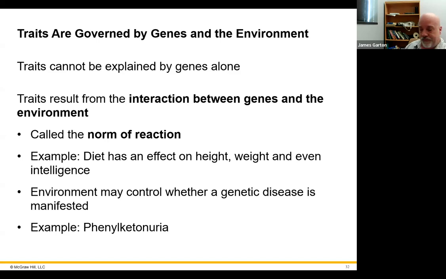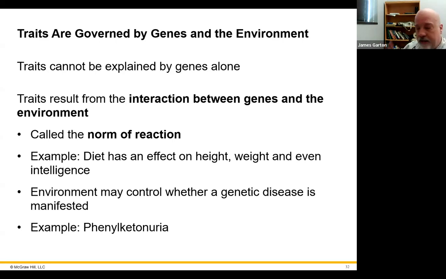For example, your diet has an effect on how tall you are, how heavy you are, your intelligence. We now know that your diet has an effect on the functioning of your immune system. We now know that your diet has an effect on what they call your microbiome, all of the little microbes that live on and in you.